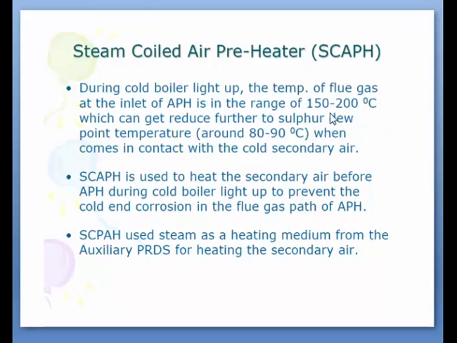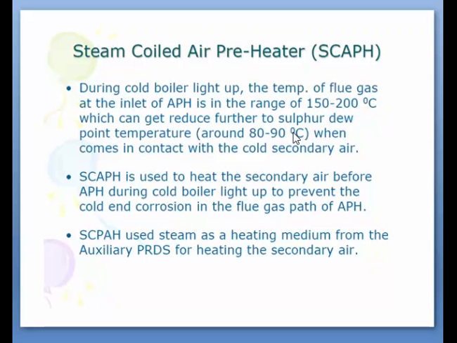At that time, the flue gas temperature at the inlet of air preheater will be somewhere in the range of 150 to 200 degrees centigrade, which can fall further because of coming in contact with the cold secondary air, and there may be chances that it can reach the sulfur dew point temperature because the flue gas may contain sulfur dioxide.